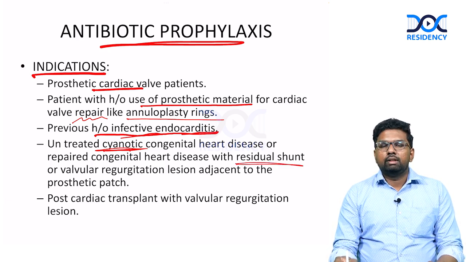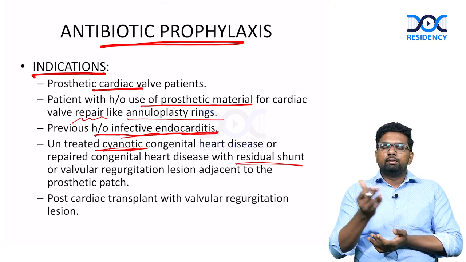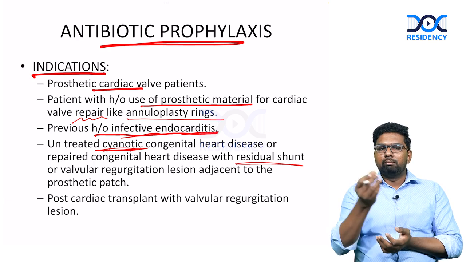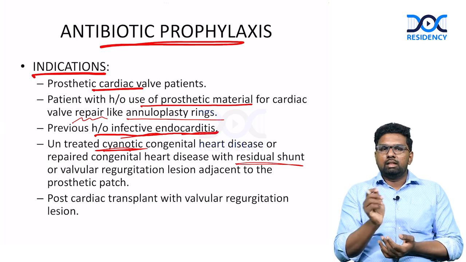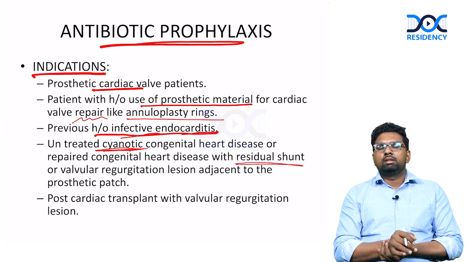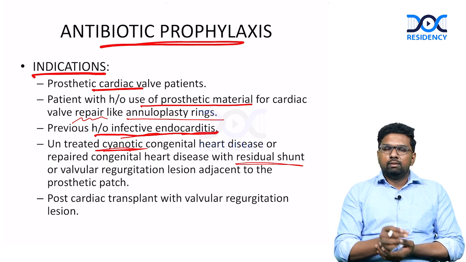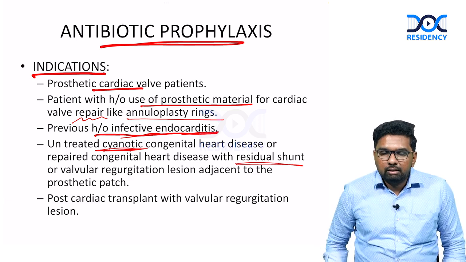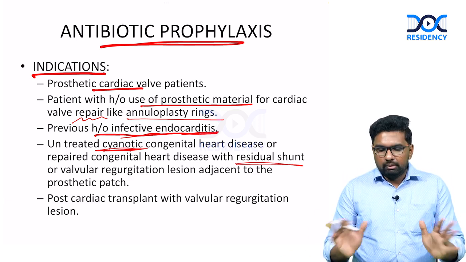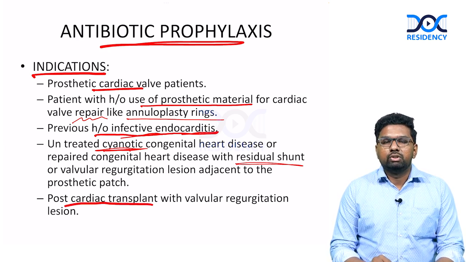For example, in a patient with tetralogy of Fallot, we usually go for bridging therapy with the Blalock-Taussig shunt, with an artificial prosthetic material or by direct anastomosis. Those patients should also take antibiotic prophylaxis. And in patients with VSD closure or ASD closure, if residual shunting is present, for sure the patient should go for antibiotic prophylaxis. And post cardiac transplant patients with valvular regurgitation lesions.